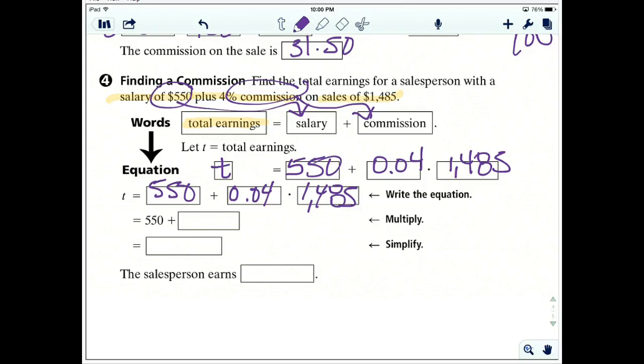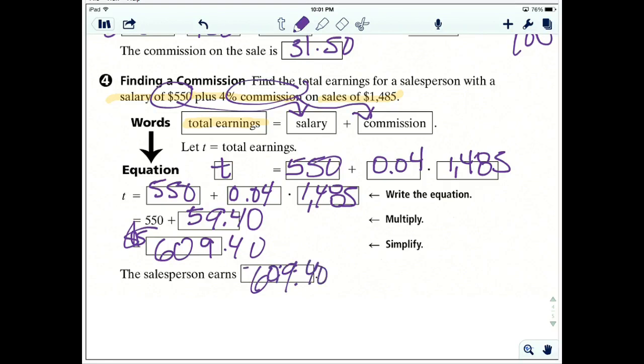We multiply 0.04, and so that gives me 59.40. Sorry, it looks like a 6. It should be a 0. Okay, and so we get $609.40. So that person is making $609 and 40 cents.